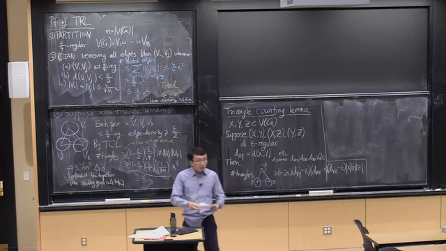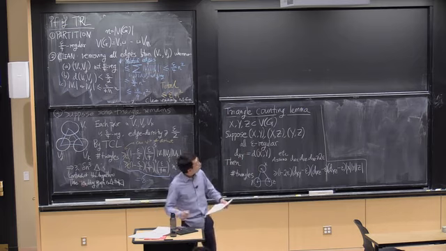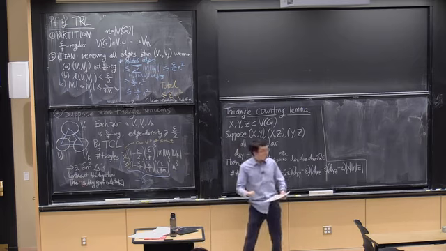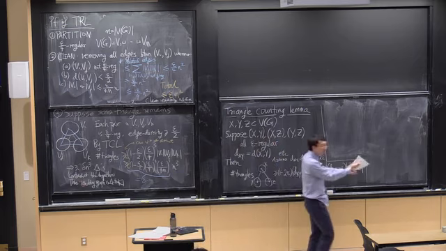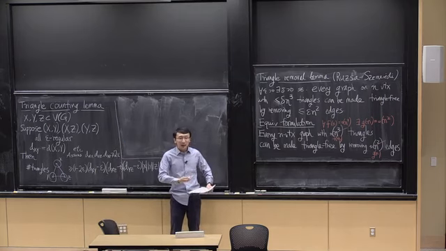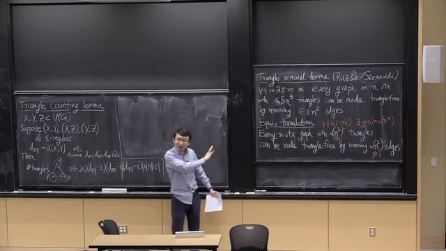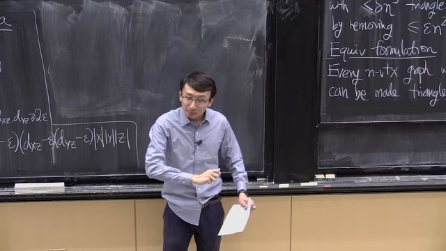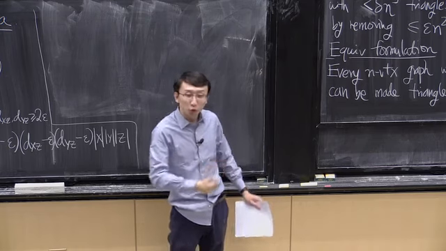Great. So why do people care about the triangle removal lemma? Okay, so it's a nice, maybe somewhat unintuitive statement, but there was a very good reason why this statement was formulated. And it's because you can use it to prove Roth's theorem.